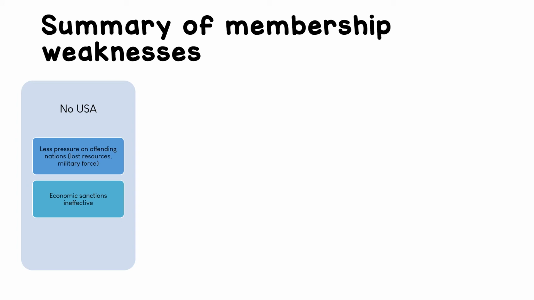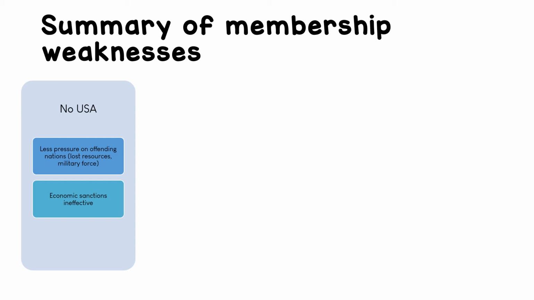But it also meant that any economic sanctions would be ineffective. We will talk a little bit more about economic sanctions later on, but this was just a way that countries of the League of Nations could punish aggressor countries by imposing some trading restrictions on them.